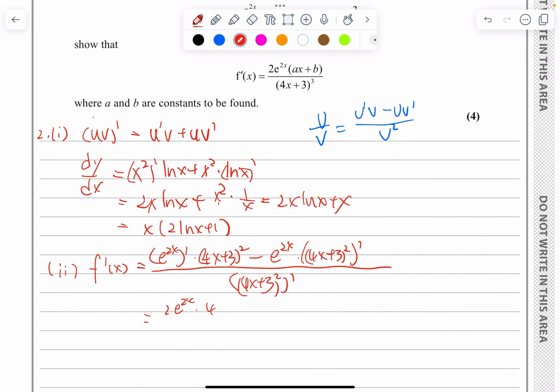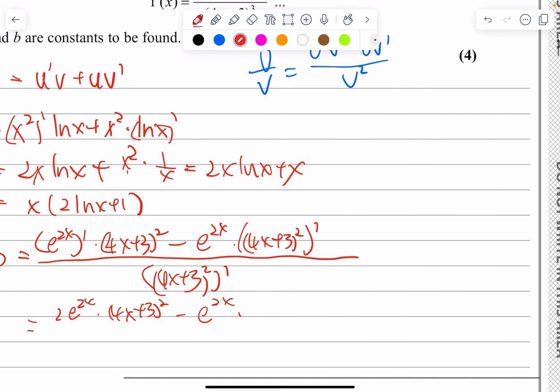This is kind of annoying to do, but bear with me, okay? Minus, this derivative should be, since this is a function of another function. Wait, let me just find what it's called. I don't want to teach the wrong stuff.